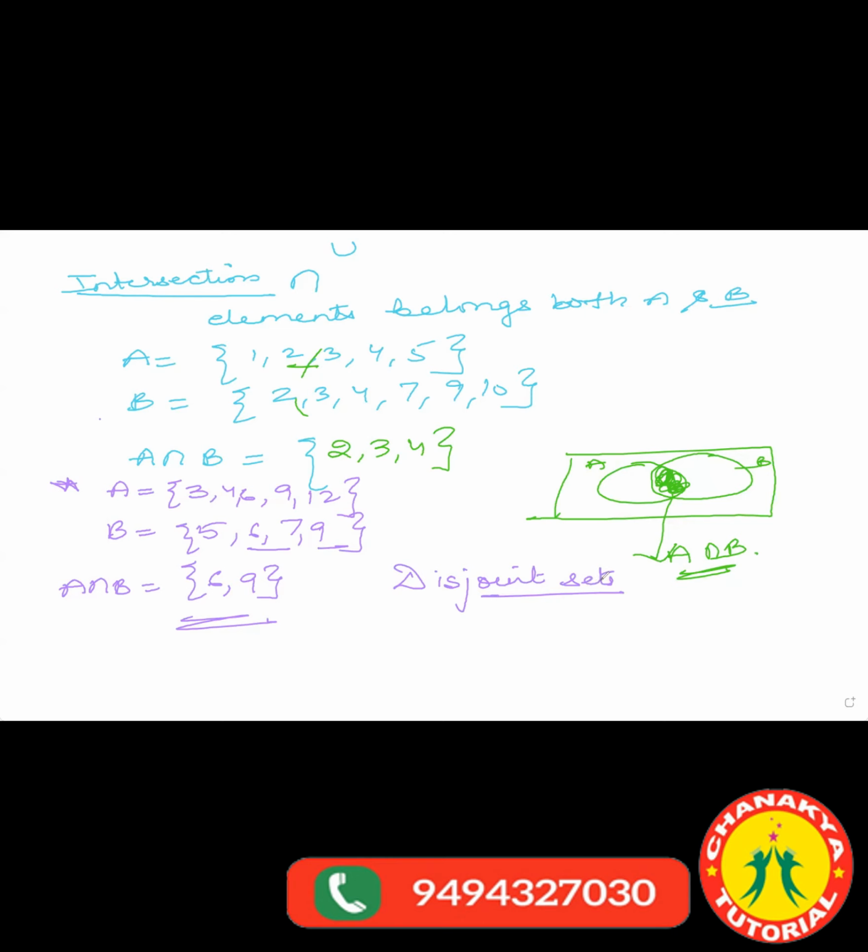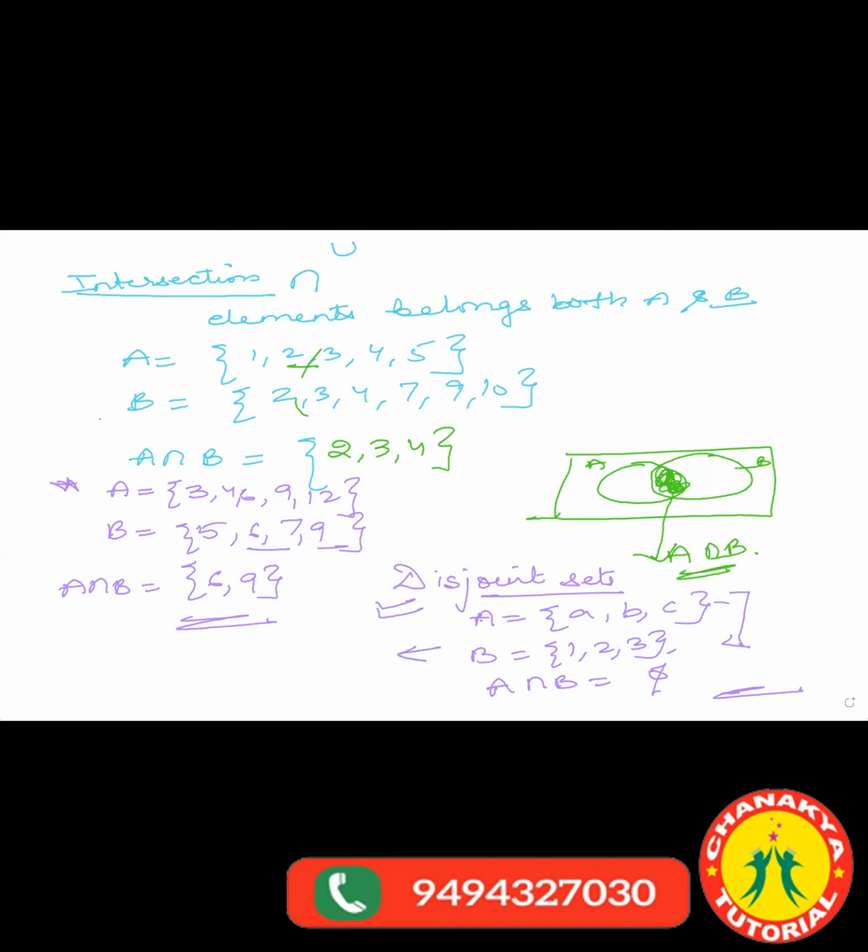So there are no elements which are common to A and B. Suppose I am taking here A, B, C and here I am writing 1, 2, 3. So what is common here? Nothing. So A intersection B will be the empty set. No elements of A and B are common. So therefore these types of sets are called disjoint sets.